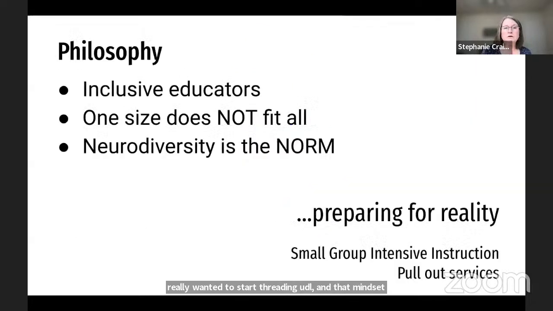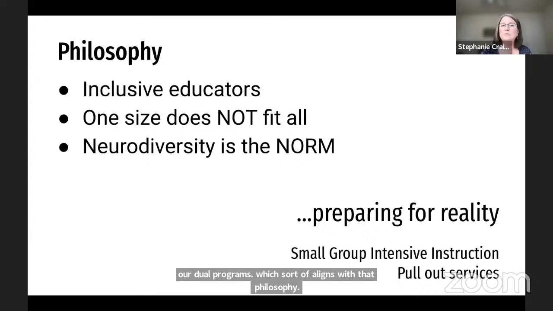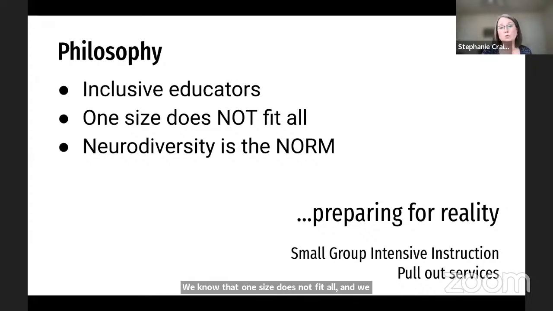So first of all, our philosophy, which is one reason I came to Marietta, is that we're really trying to shoot for the development of inclusive educators. And we'll talk a little bit more on the next slide about our dual programs, which aligns with that philosophy. We know that one size does not fit all. And we also have that belief that neurodiversity is the norm.